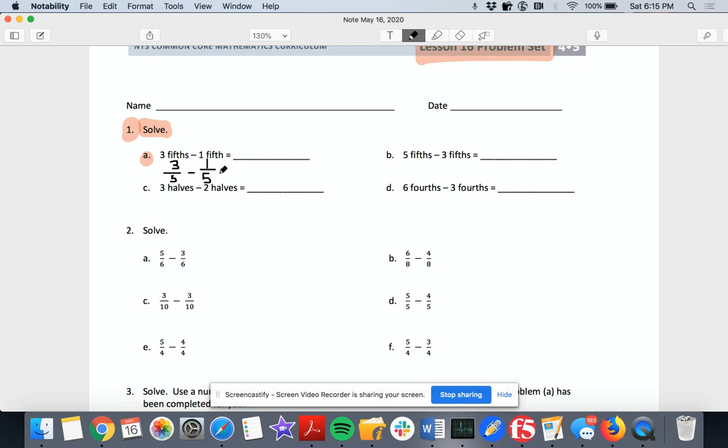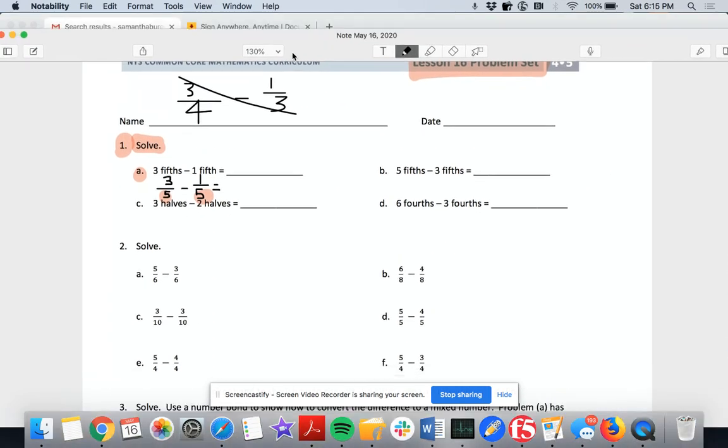So very important before we move on, just a quick review. In order to add or subtract fractions, the denominator, so the number on the bottom, must be equal. So they must be the same. They must be equivalent. For example, if the problem was 3/4 minus 1/3, I cannot do this problem if it looks like this.